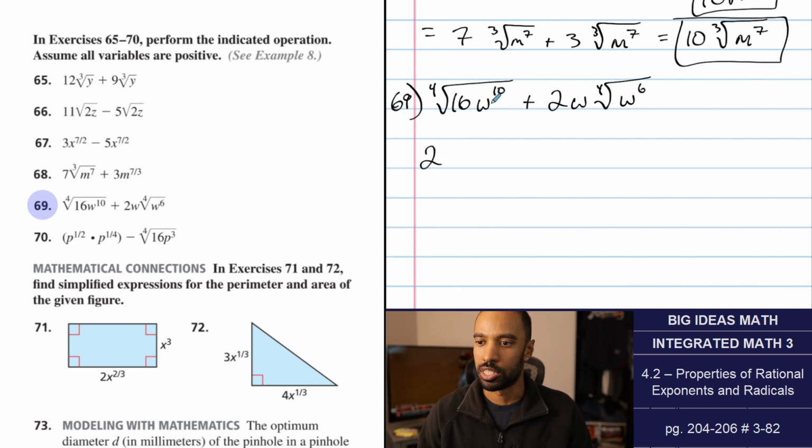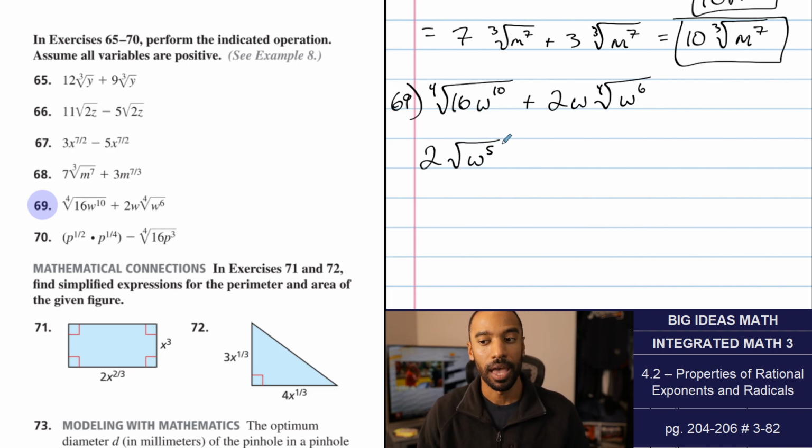Now, the fourth root of w to the 10th is w to the 10 fourths power, which is w to the 5 halves power. Please do reduce that. So this isn't just 2 times the fourth root of w to the 10th. We are reducing that fraction as well. So w to the 5 halves is the square root of w to the 5th. I'm not done with what I want to do there. I'm just giving you part of the simplification that I want to work out before I keep moving forward.